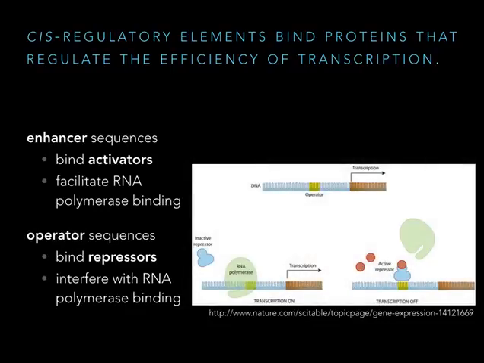And this is just showing you the activity of repressors. So operators tend to be nearer the promoter, and when repressors bind, they're going to physically block RNA polymerase from binding to that promoter. And thus they're going to prevent transcription.